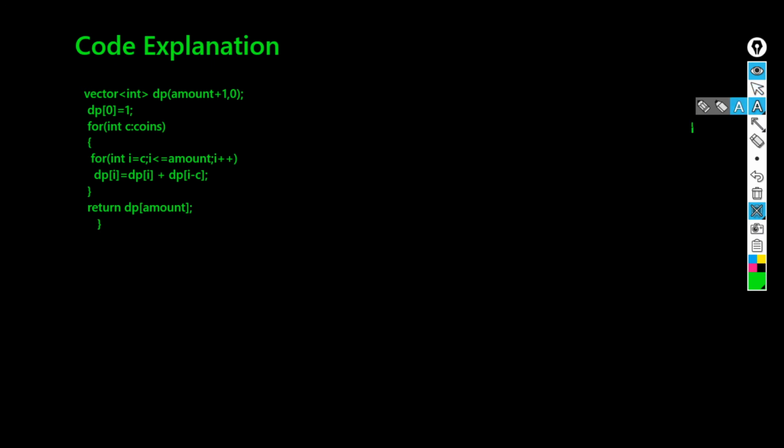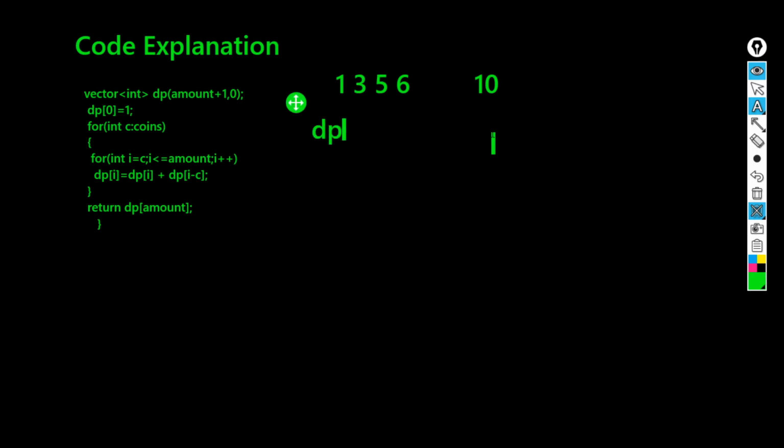So first of all, let's consider one example: 1, 3, 5, 6, and the target value we will create as 10. Now why are we creating 10? Because it will be a high value, so we will get the answer properly.